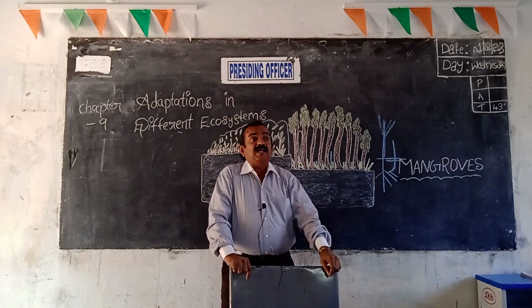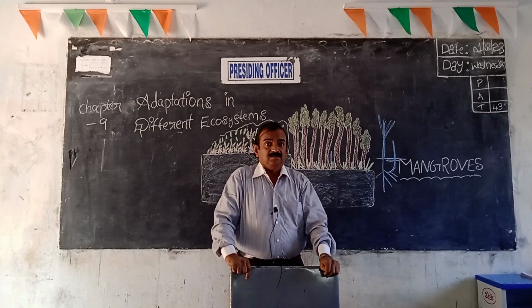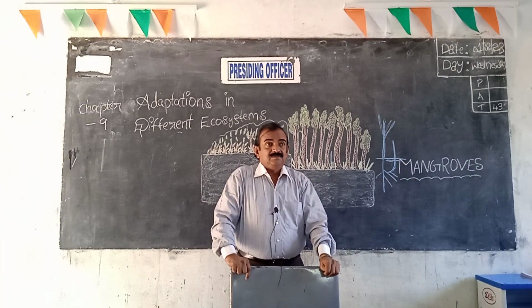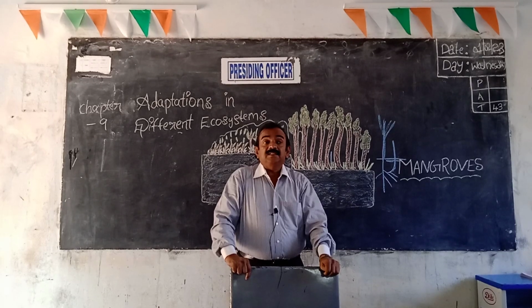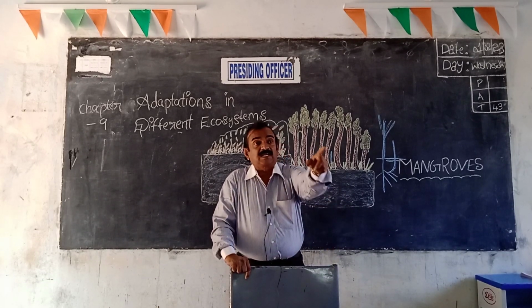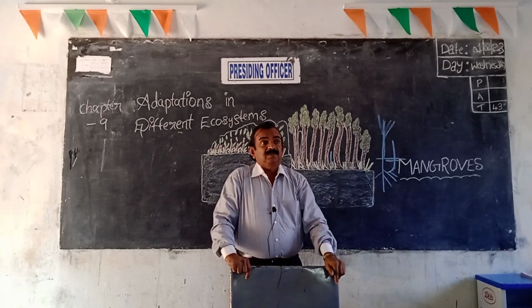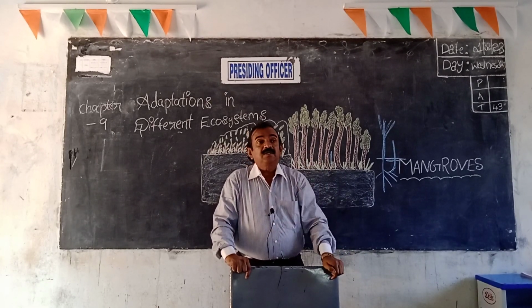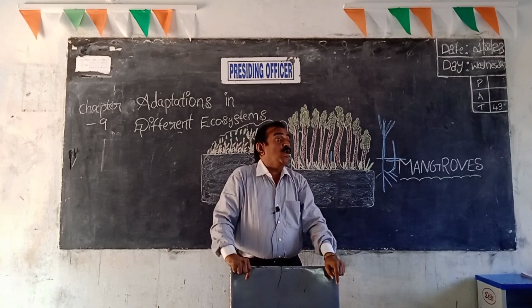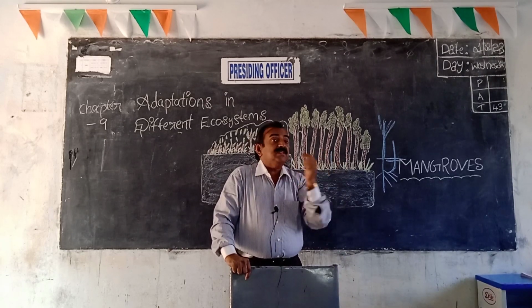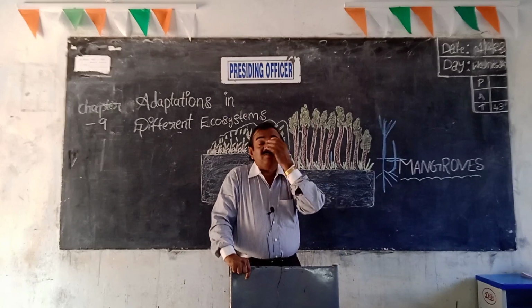These roots are called pneumatophores. The lateral roots which grow upward and become aerial, growing above the soil and above the water level, are called aerial roots, and those roots are called pneumatophores. They have small pores, just like we have nostrils. With the help of nostrils we breathe.